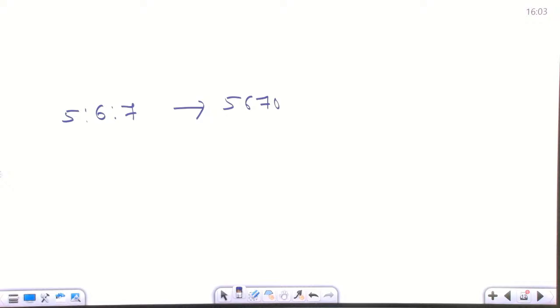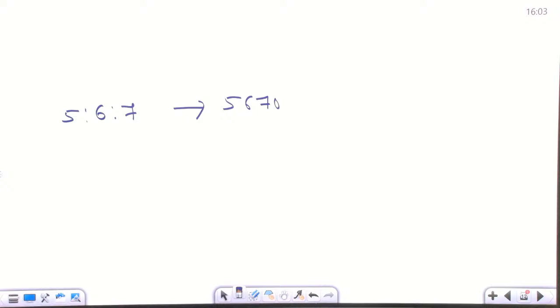Okay. Answer is wrong. Is anybody getting the answer? 189. You are getting 189. 169 or 189? 189. How?